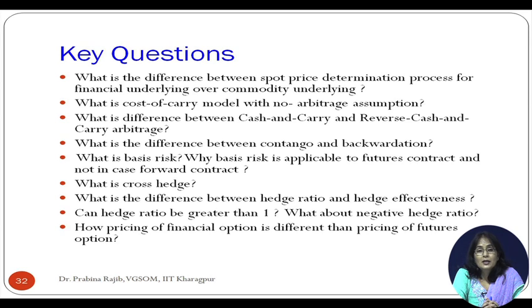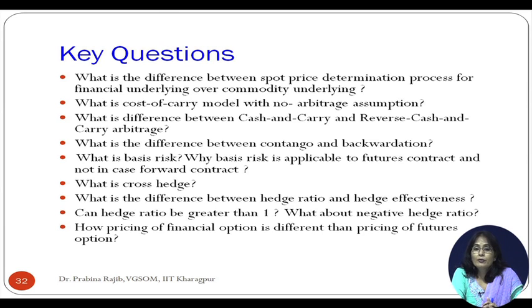The second key question is, what is the cost of carry model with no arbitrage assumption? All of you know that futures price, be it financial futures or commodity futures, are priced based on the cost of carry model with no arbitrage assumption.